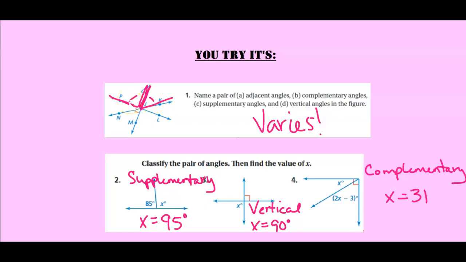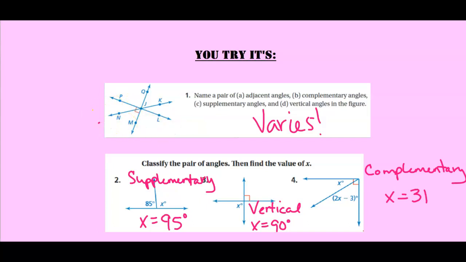Complementary angles. Thankfully, there's only one pair of complementary angles in this diagram. We have PJN and NJM. Those are the complementary pair. The supplementary pair, now there's several of these as well. Okay, I could say PJN and then NJL, this obtuse and then this acute.